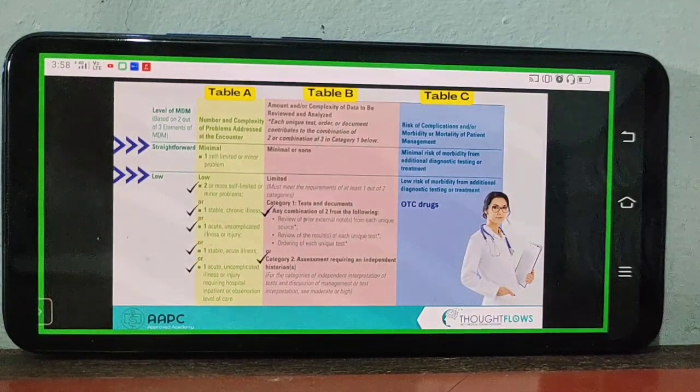Abrasion is not complicated, am I right? Abrasion, swelling, like that. One acute uncomplicated illness or injury will get 1 point.